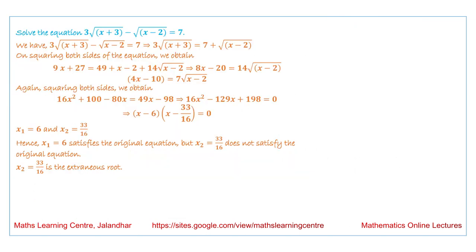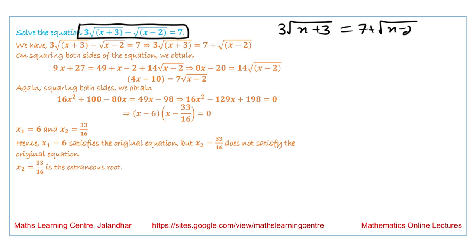Now the next equation we have is 3 times square root of x plus 3 minus square root of x minus 2 is equal to 7. So we can write it in the form 3 times square root of x plus 3 is equal to 7 plus square root of x minus 2.